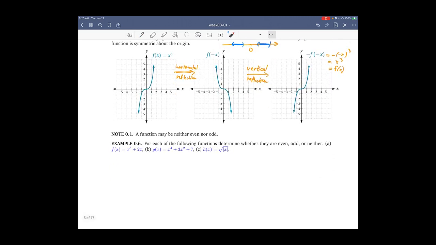Note also that not every function is either odd or even. There are functions that are neither odd nor even. For example, take the same cubic parabola and shift it upward by 1 unit.